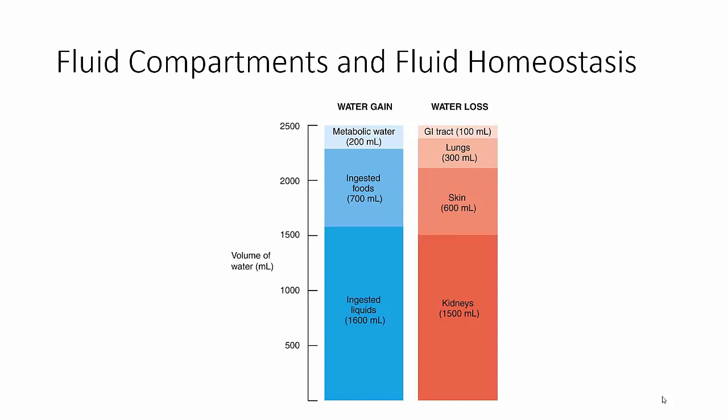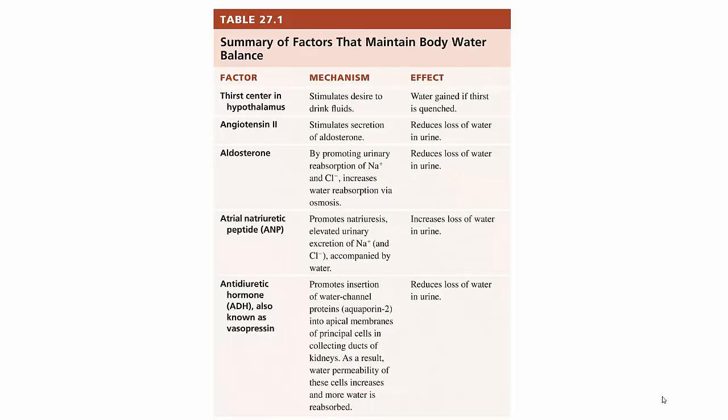And then any change in blood pressure can alter the filtration rate of your kidneys, which can cause increase or decrease of water. Now, this picture, guys, is 27.2. It's found on page 1025, and it kind of just shows you what's going on. Also, there's a table 27.1.